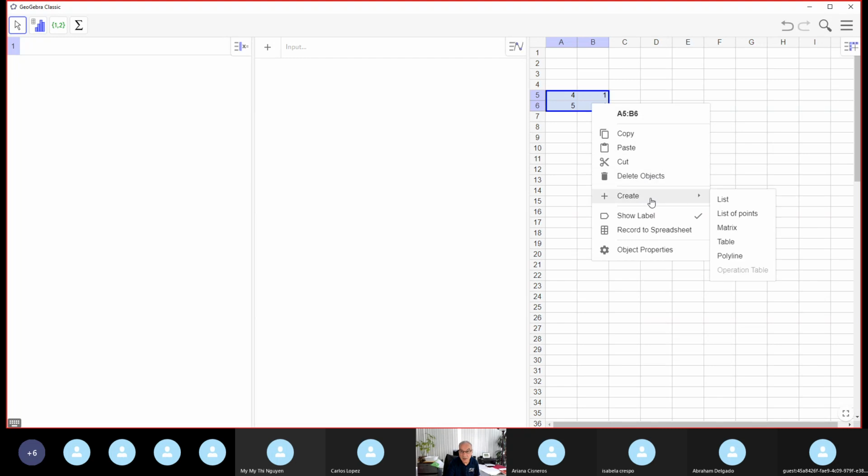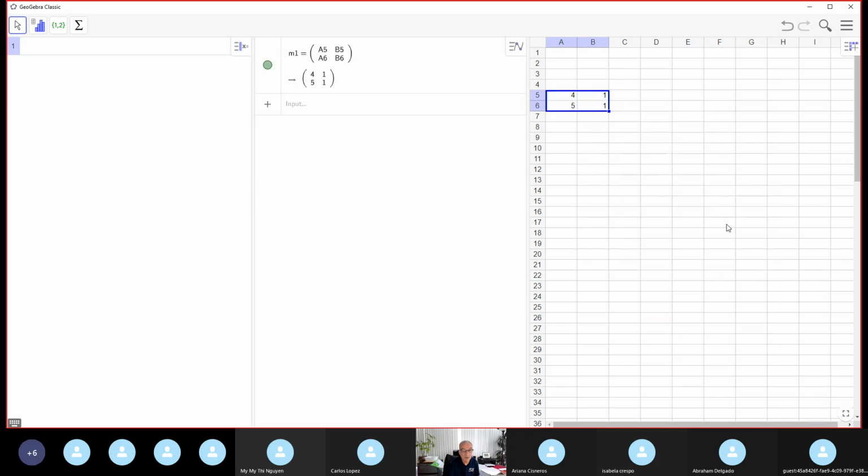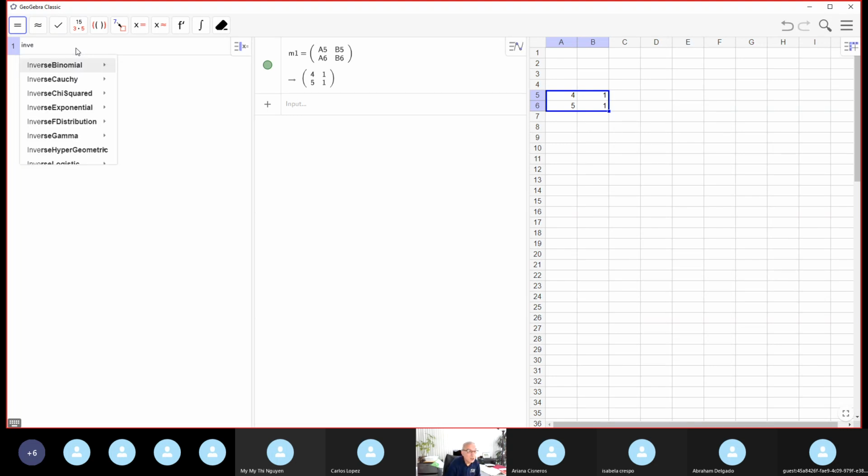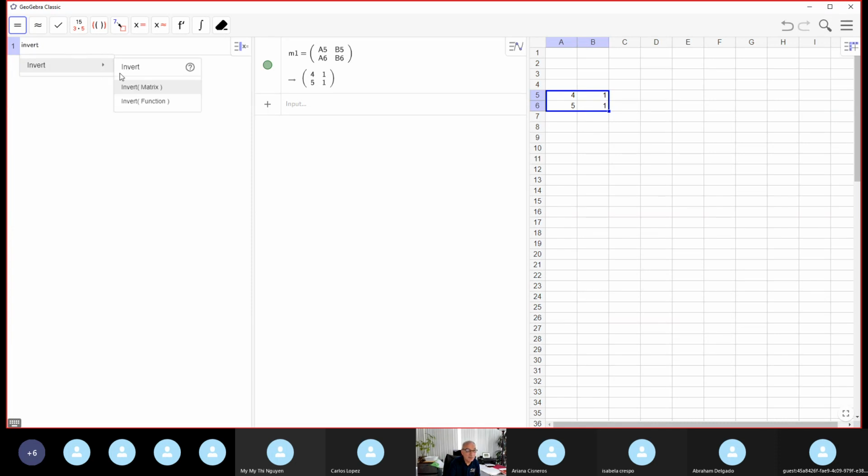I select it and create the matrix as always. Boom, I have that. And then you put Invert. This is a notation, guys. Invert, like that. Invert what? Invert matrix. What matrix? M1. Boom.